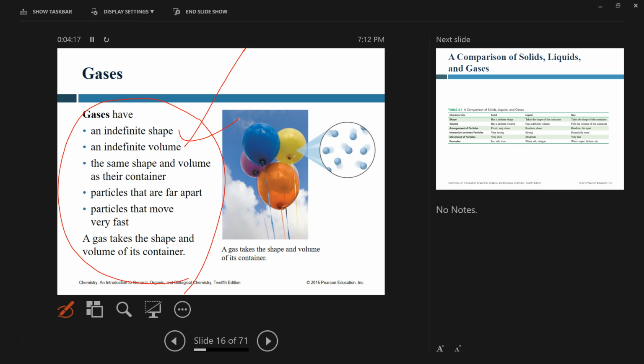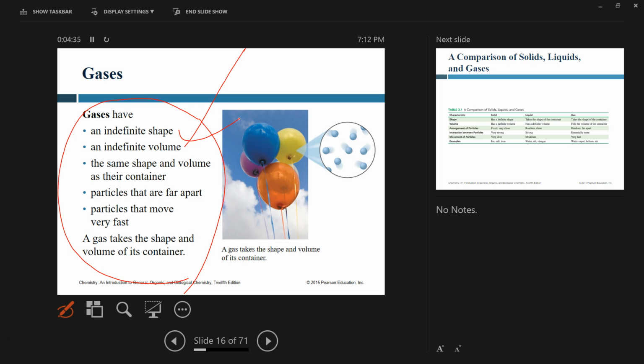You can do it, just to increase the pressure in the tank. Does that make sense? So basically, when you inflate a tire or inflate a balloon, you package a lot of gas into a restricted volume.